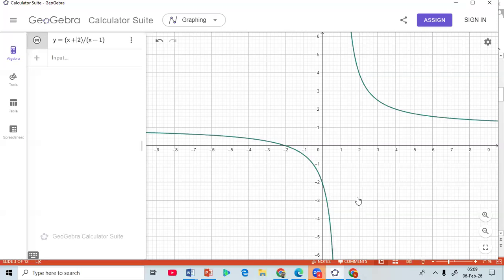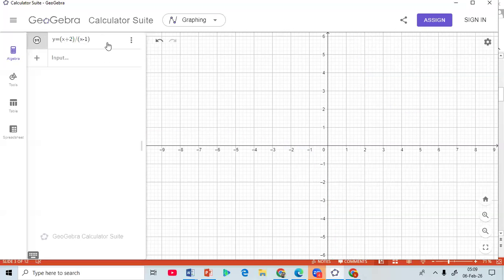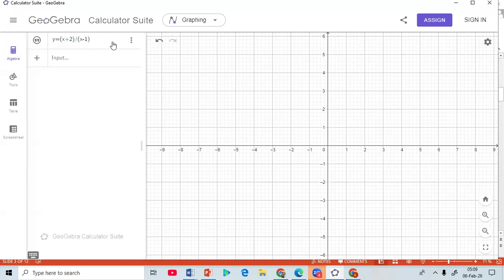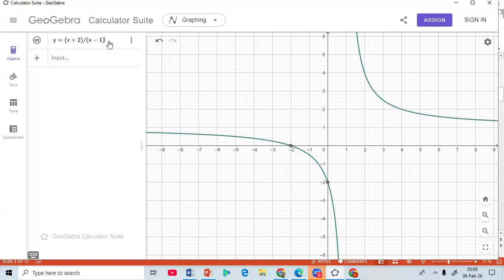So when you look at our curves, I want you to look at them very well.